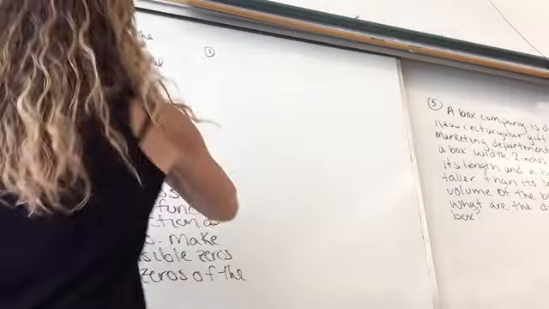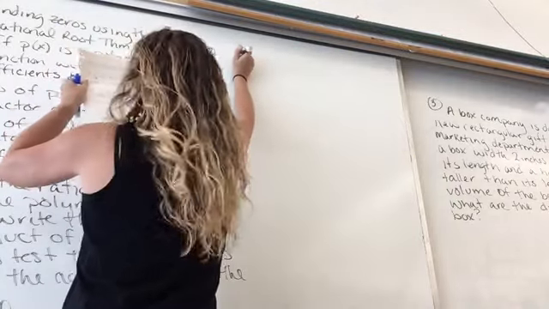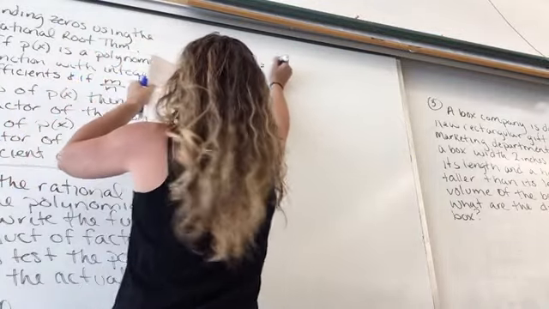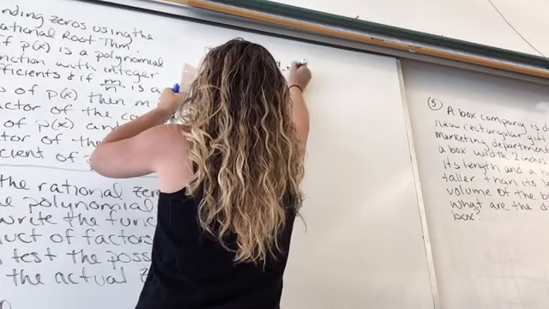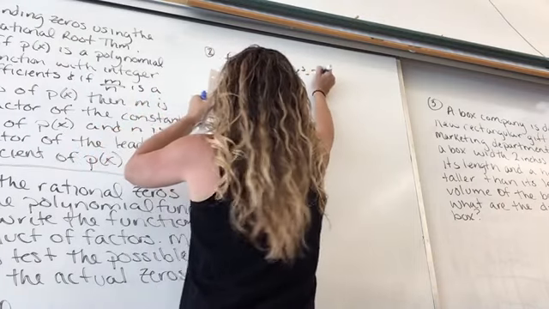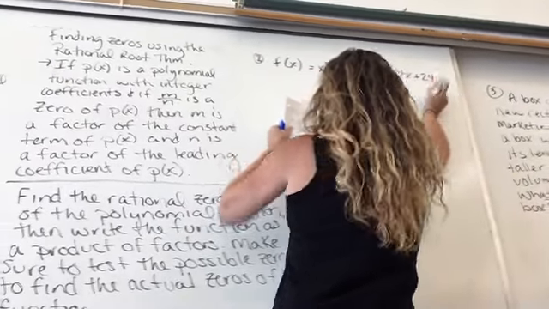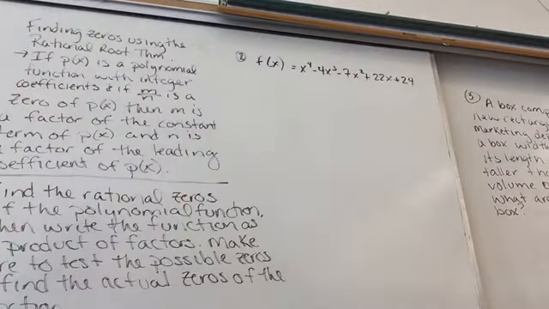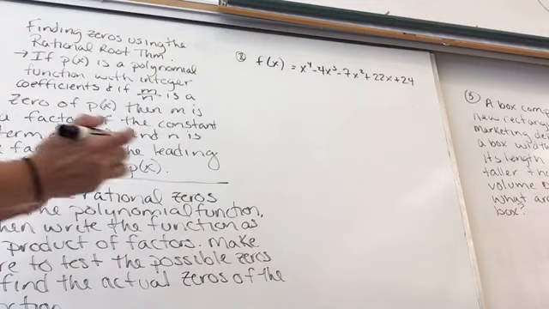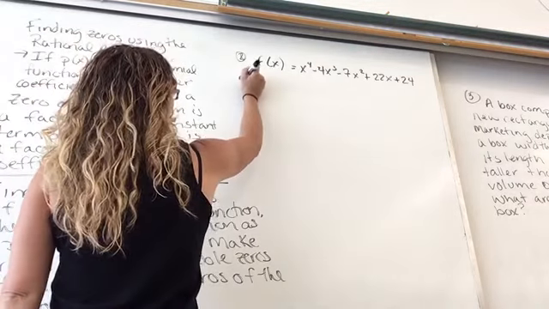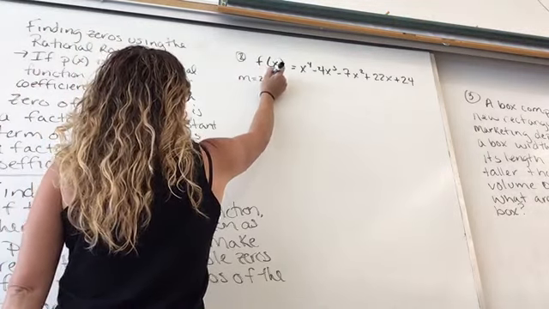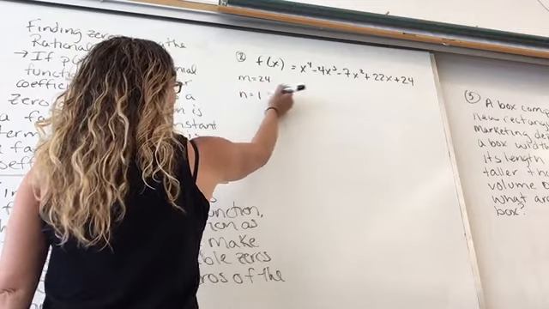So we're going to do number 2. f of x equals x to the 4th minus 4x cubed minus 7x squared plus 22x plus 24. All right, so we've got some big values up here, and it's a 4th power. My m is 24. My n is 1.